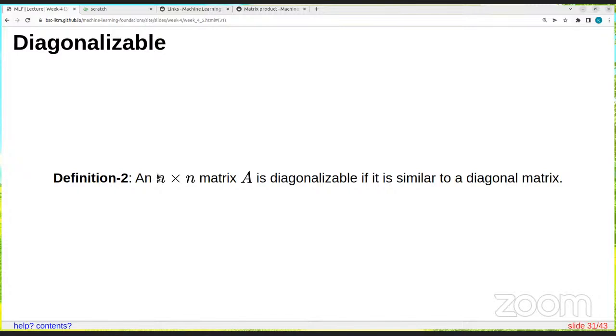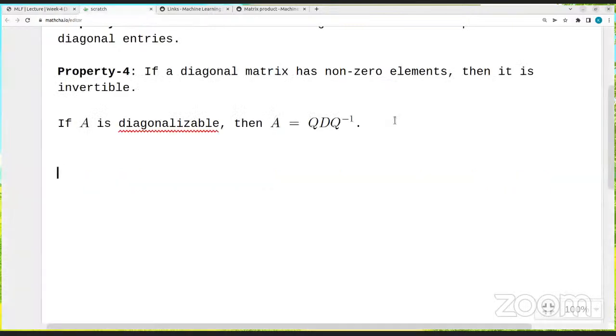This is the second definition. An n by n matrix A is diagonalizable if it is similar to a diagonal matrix. So do you all remember from Max 2 what similar matrices are? Yes, sir. Can you tell me when are two matrices similar? Same form, like Q is equal to A, D, A inverse. Okay, right.